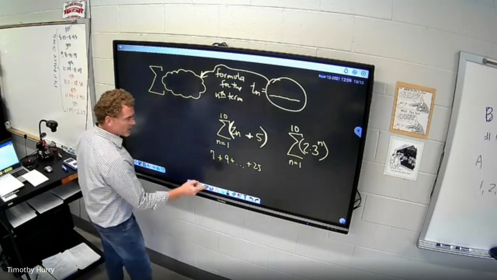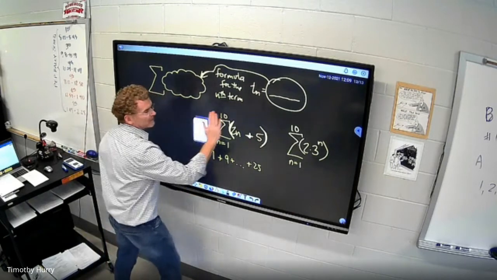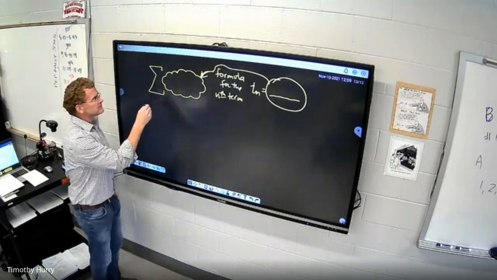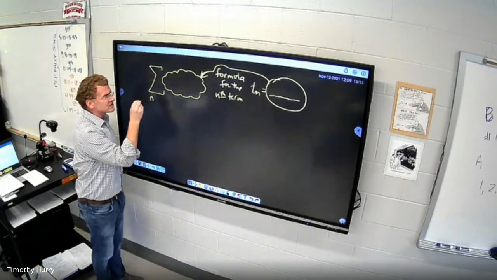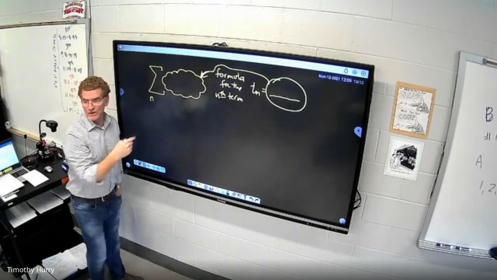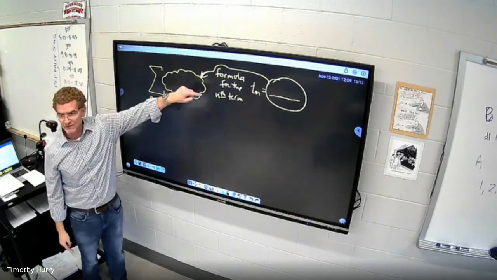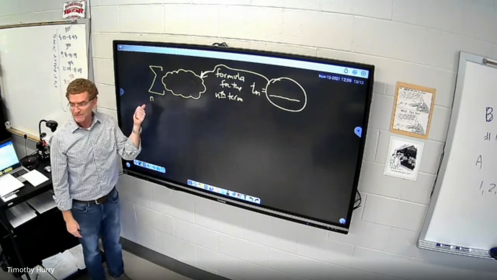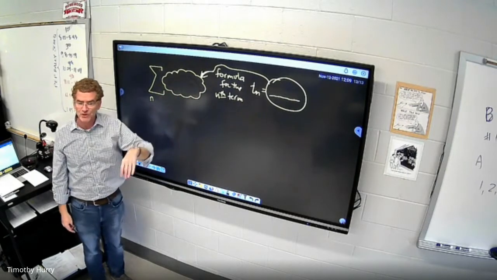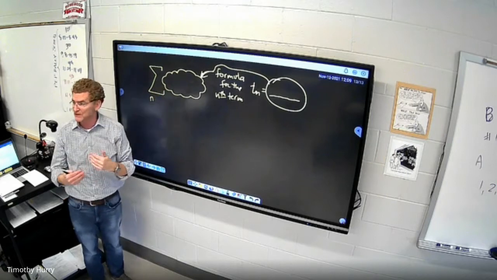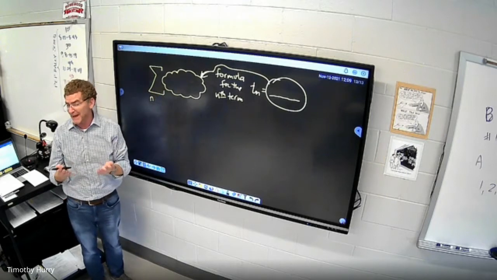Okay, so then what goes underneath the sigma notation? The n has to match the variable here. So if you ever see one that has a j right there, then you'd have j's. Sometimes you see an i, and you'll have i's. In Algebra 2, we try to avoid i's there because people misinterpret that i as being an imaginary number.